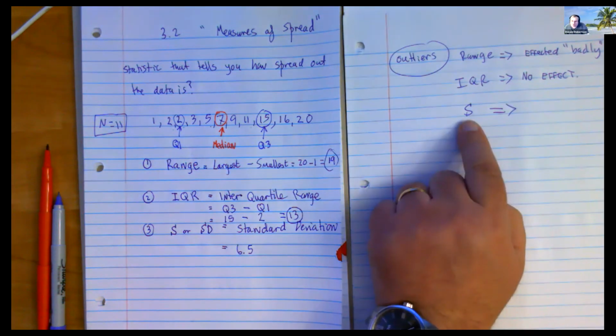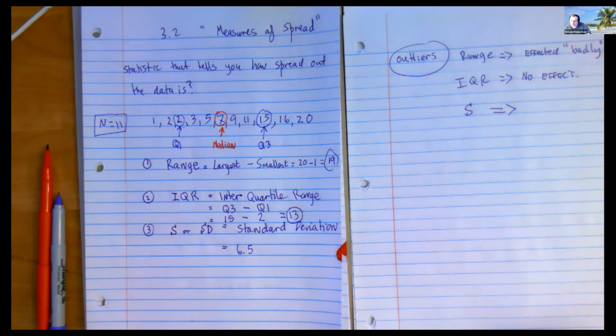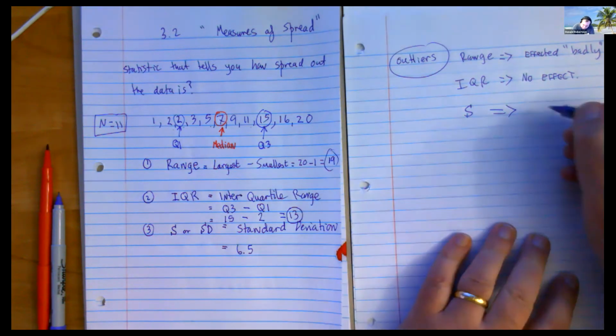You might not know this because it's kind of hard to tell how you calculate the standard deviation unless you do it by hand. So this one you're going to trust me. Do you know that the standard deviation also gets affected badly?